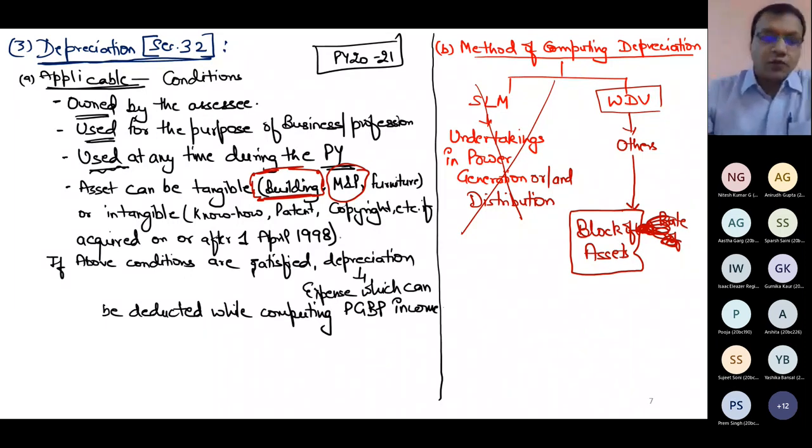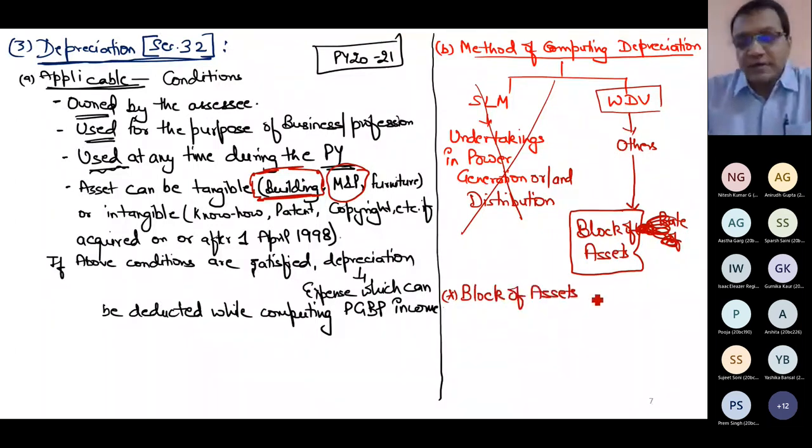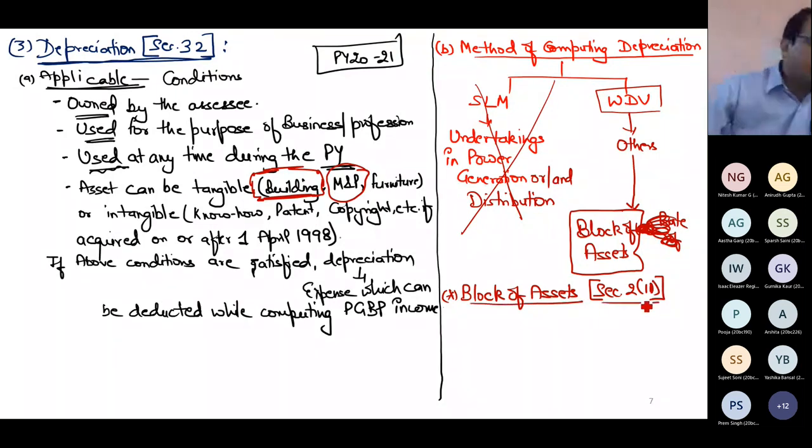So what is block of asset now? It is my point number, same continuing. I'm not making any separate heading. What is block of asset? What do I mean by block of assets? The definition is in section 2 clause 11. But it is very simple. I'm not showing section 2(11) from there.